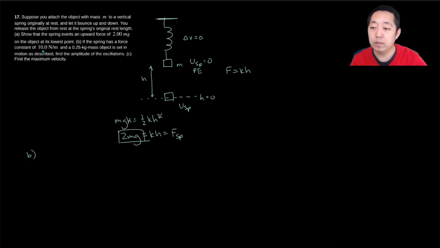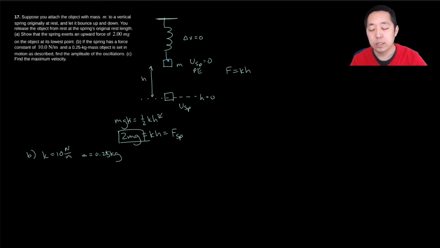B, if the spring has a force constant of 10 newtons per meter, or spring constant, and a 0.25 kilogram mass is set into motion as described, find the amplitude of the oscillations. So I think by amplitude they want to know the highest.